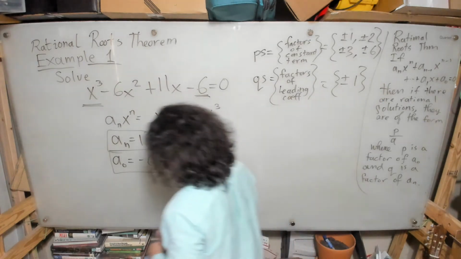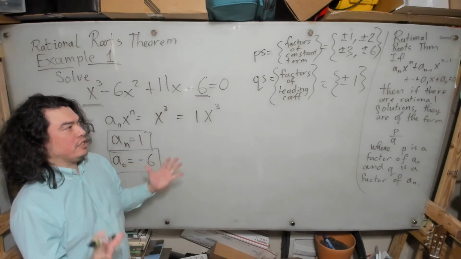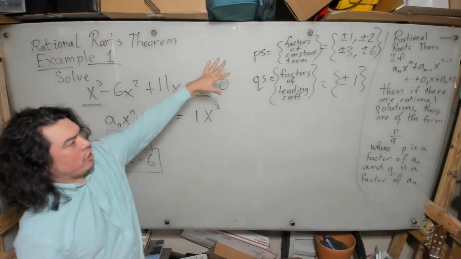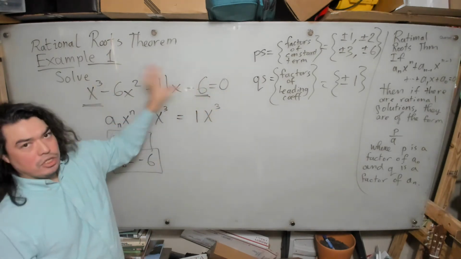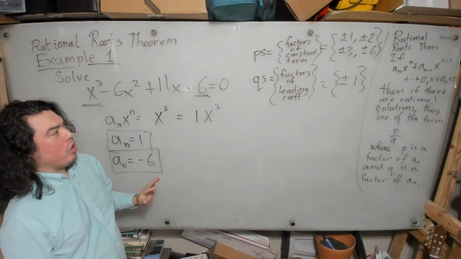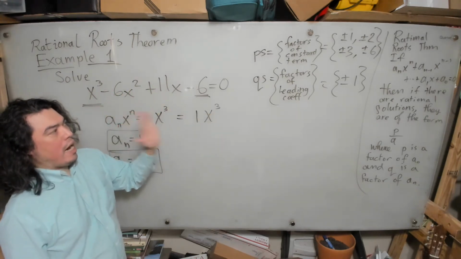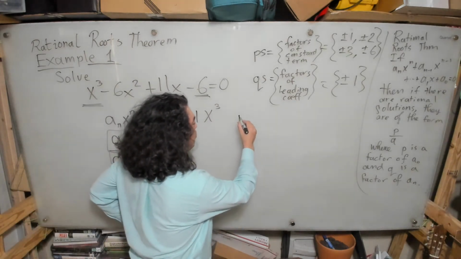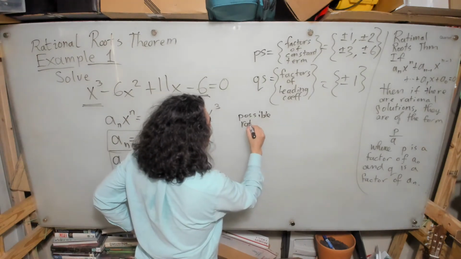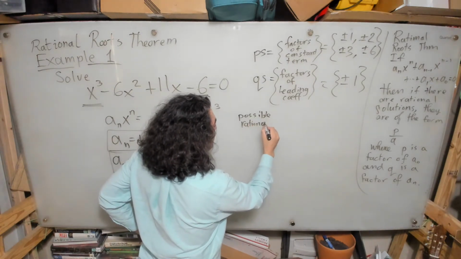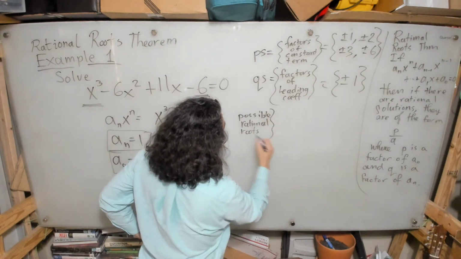So now here is the main thrust of this theorem. We know now our factors of our constant term. We know now our factors of our leading coefficient. We didn't check it, but you can see here that the polynomial does have integer coefficients, so the rational roots theorem can apply, and we say that the possible rational roots, in other words, the possible solutions, if there are rational solutions, are going to be like this.